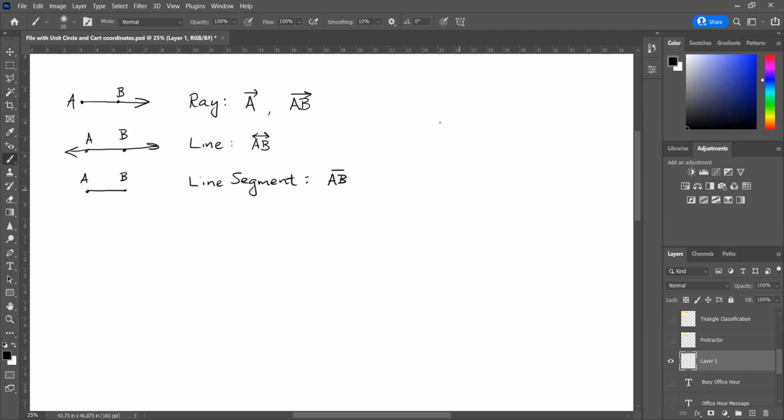There's another little concept that we will look at. If I had a couple of rays, say one going that way and another one going this way to the left, I do need to name those. So let's call this top one AB, and the bottom one we'll call CD.